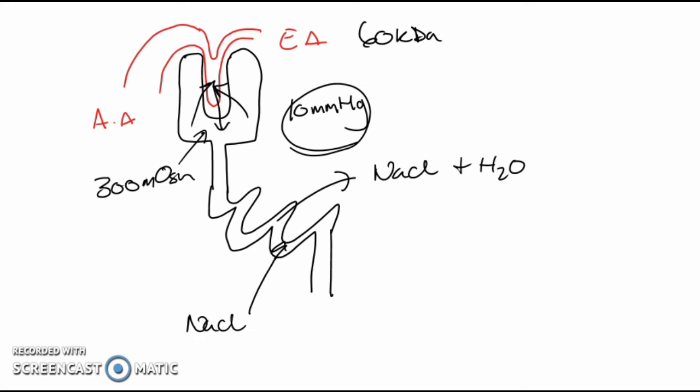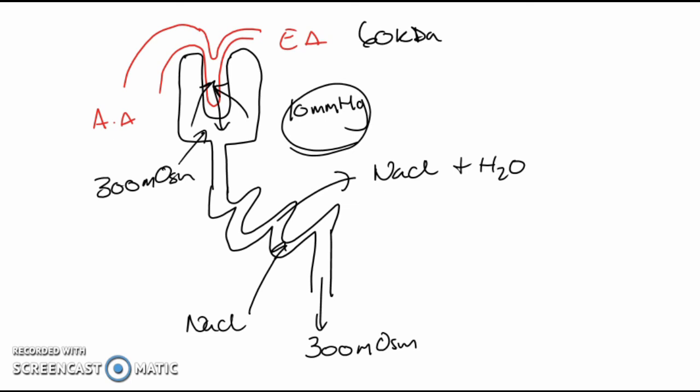Which means that the filtrate, anything that gets dumped into this bit here, is called ultrafiltrate. The filtrate coming through the proximal convoluted tubule going down into the loop of Henle has an osmolality of 300 milliosmoles.